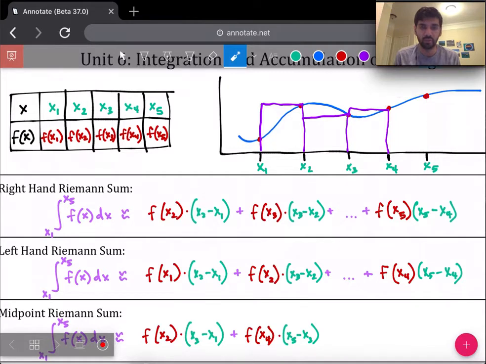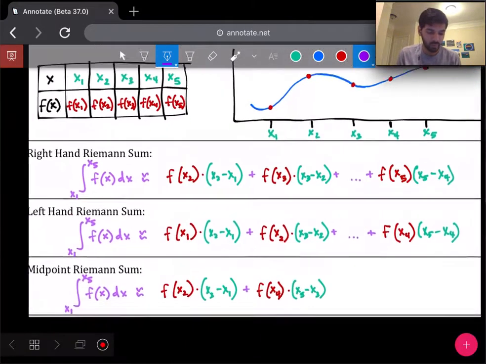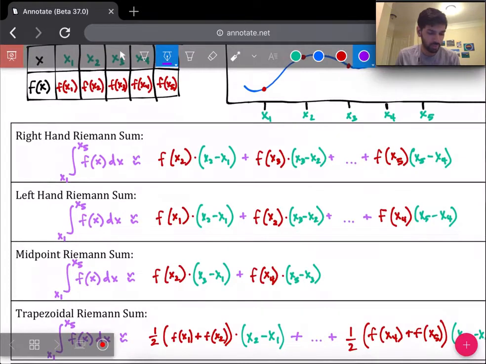If I use the left endpoint of each interval, your rectangles will look different, because I would be starting at x1, drawing my rectangle down there, and I would use x2 as my next height, so on and so forth. You can go through and look at the rest of these. The midpoint gets a little tricky because you're going to skip points.